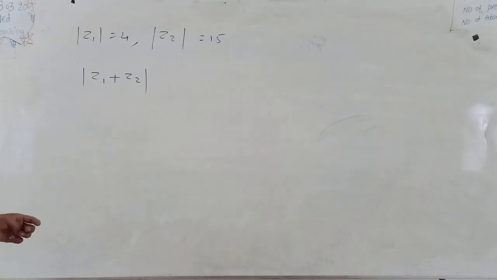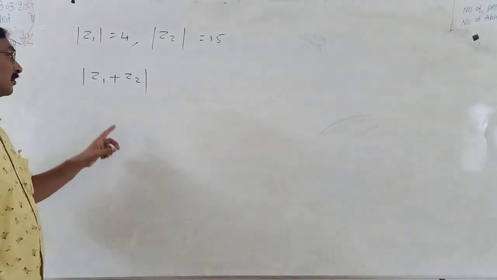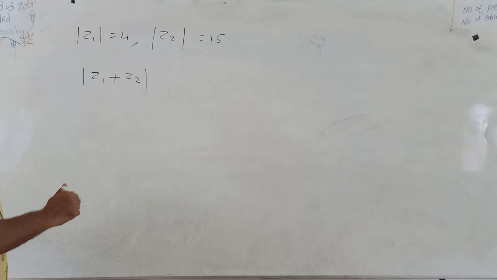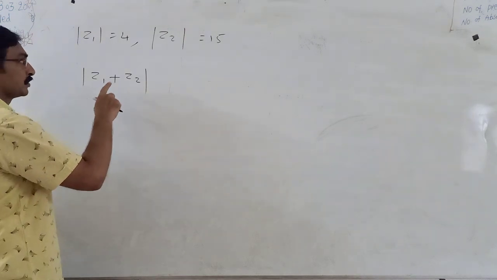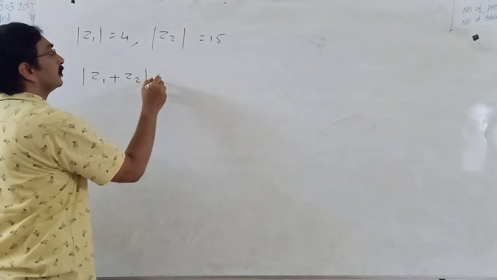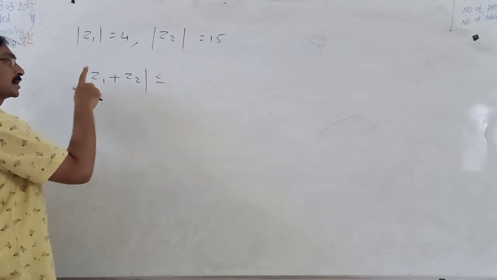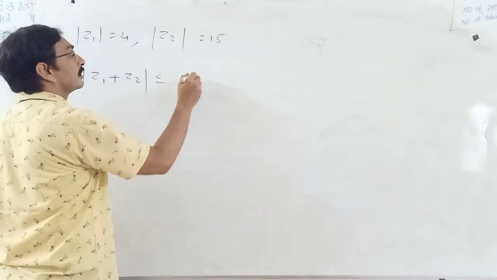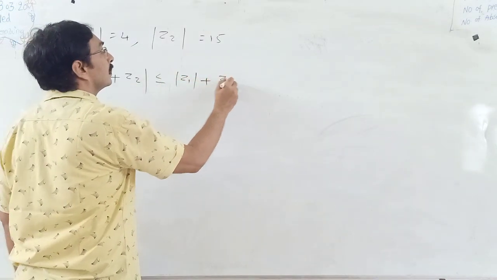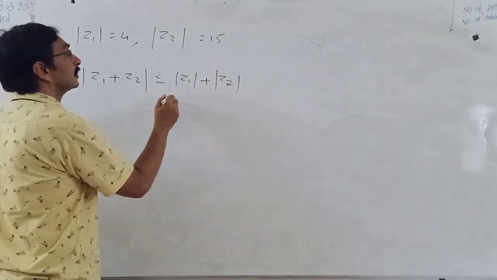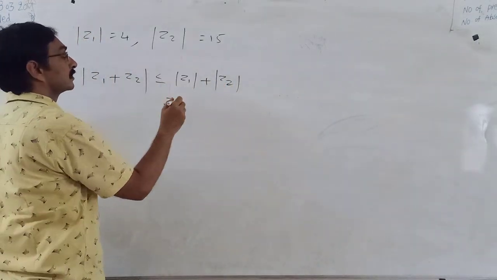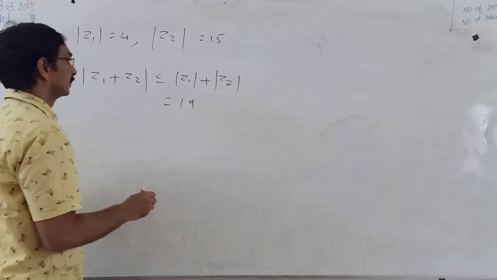Required is the difference between the maximum and minimum values of this one. For finding the maximum value, we have to use the formula modulus of z1 plus z2 is less than or equal to mod z1 plus mod z2. So clearly 4 plus 15 is 19.